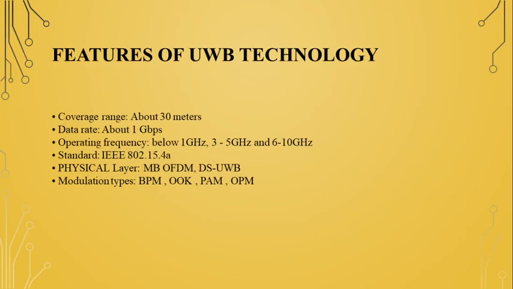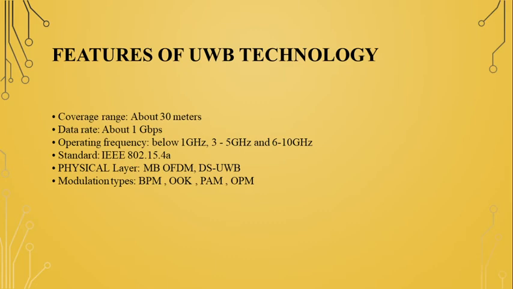The main features of UWB technology are a covering range of about 30 meters and a data rate of about 1 Gbps. The operating frequency is divided into parts, 3 to 5 gigahertz and 6 to 10 gigahertz, with a total of 3.1 to 10.6 gigahertz.